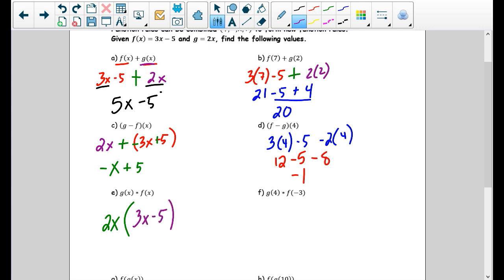So in a situation like this, what are we doing with these when we multiply? Distribute. Okay, so we're distributing that 2x in. So 2x times 3x, 6x squared, and then 2x times negative 5 is negative 10x, and there's my new computation. Okay.